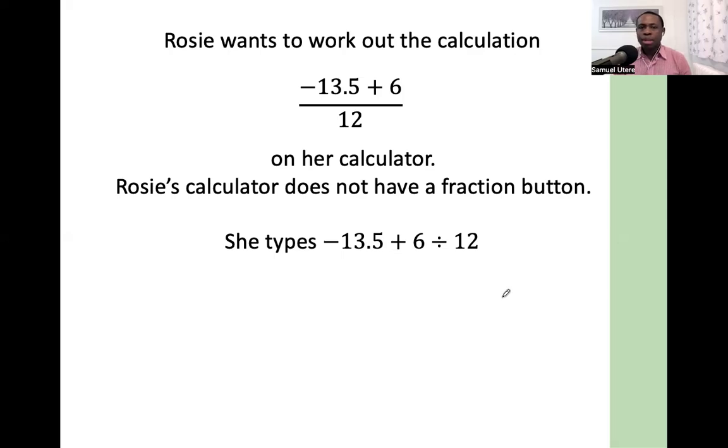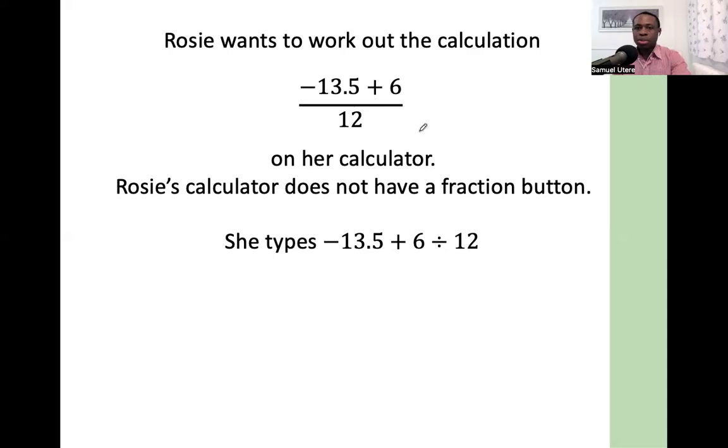If you think about it, this calculation will do the division first. So remember BIDMAS, we've learned about this in our previous lesson. This will be 6 divided by 12 first before it does any other calculation. But that is not what we've been asked to do. From the question, we've been asked to divide the whole of negative 13.5 plus 6 by 12.